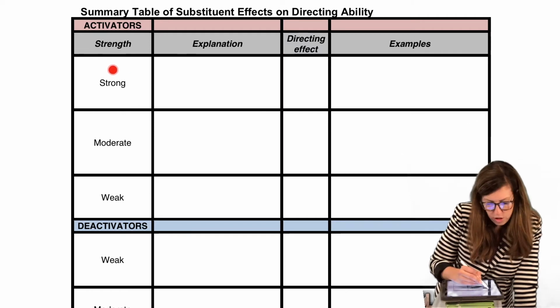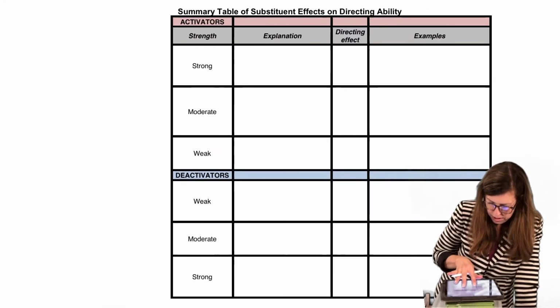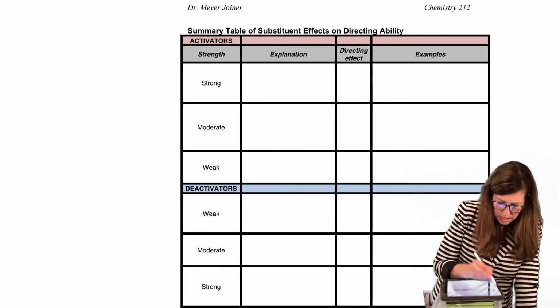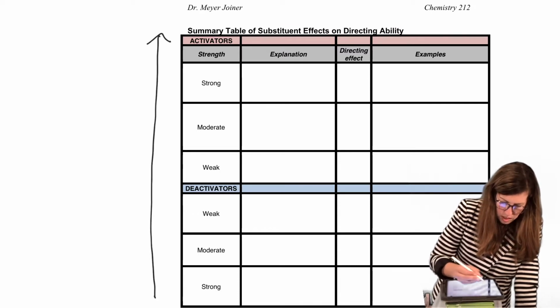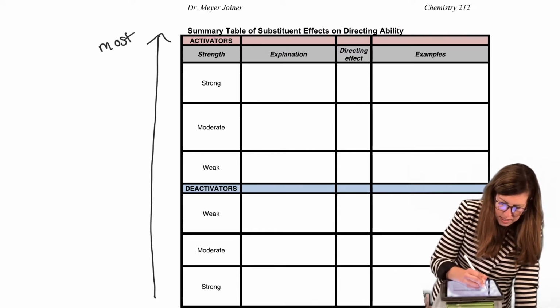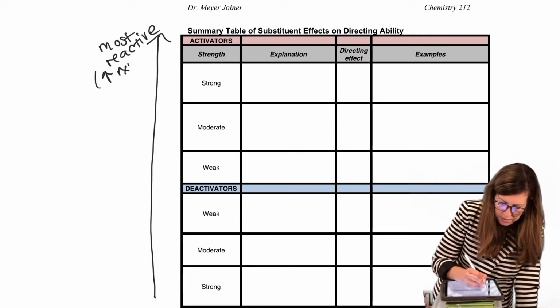We're going to start with very strong activating ability here. So let's shrink this up and summarize that spectrum. This means most reactive benzene, it's activated. You can increase the reaction rate.